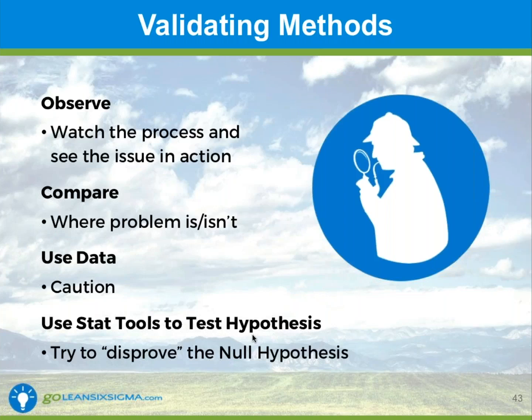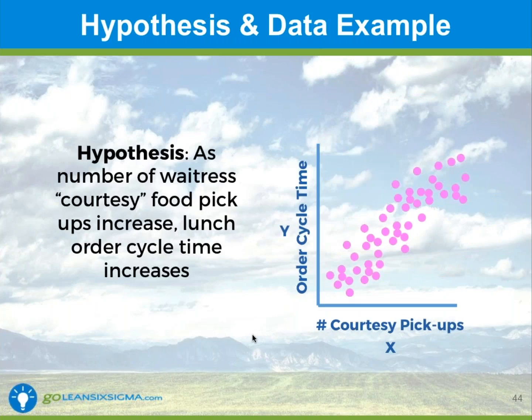So we've got these options, and Bahama Bistro, they decided to use a scatter plot once again. Their hypothesis was, as the number of waitress courtesy food pickups increased, lunch order cycle time also increased. So they plotted the data, and they saw, aha, positive correlation. As these pickups increase, the order cycle time increases.